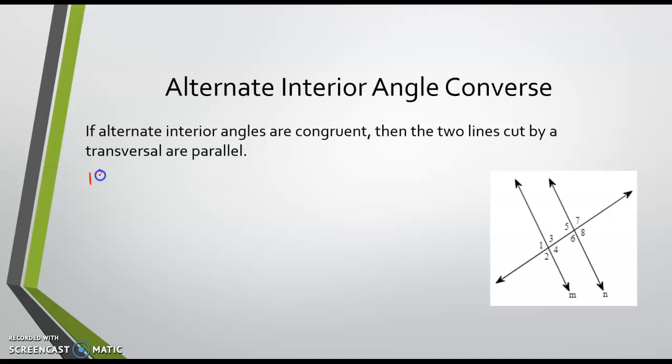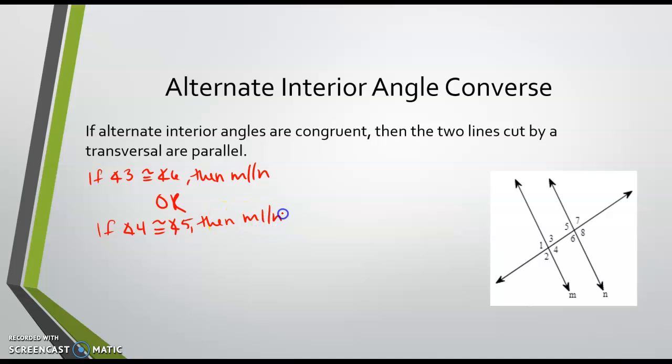So if angle 3 is congruent to angle 6, then M is parallel to N, or if angle 4 is congruent to angle 5, then M is parallel to N.